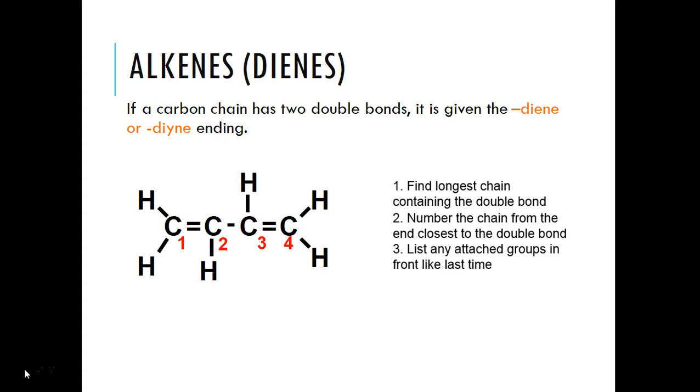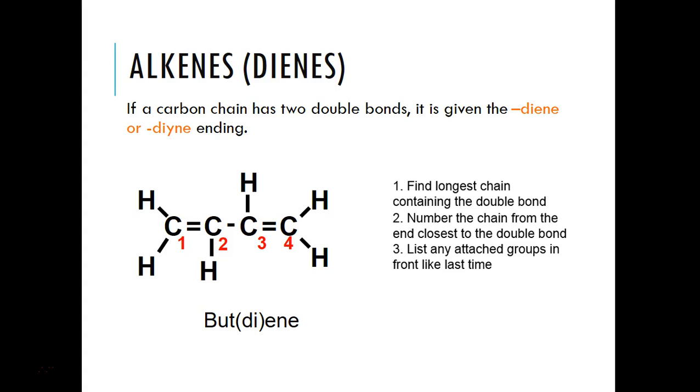So what happens if you have a carbon chain that has 2 double bonds? It's the same naming rules, except now we are given the diene ending. So diene is for 2 double bonds. Diyne is for 2 triple bonds. Again, find the longest carbon chain that contains that double bond, number the chain closest to the end of the double bond, and then list any attached groups like last time.